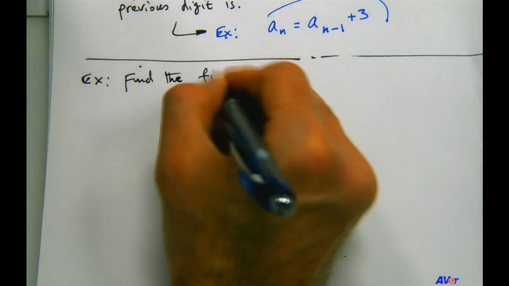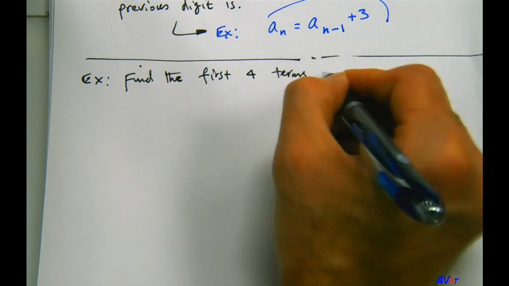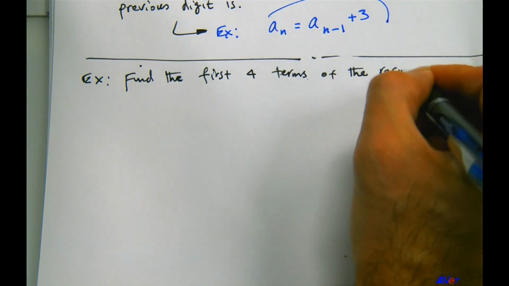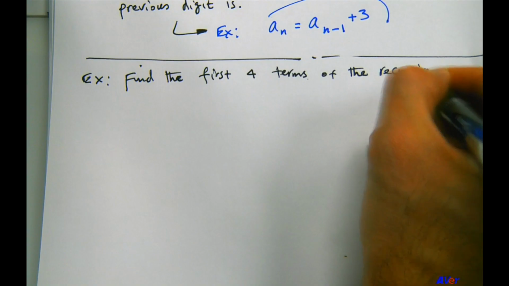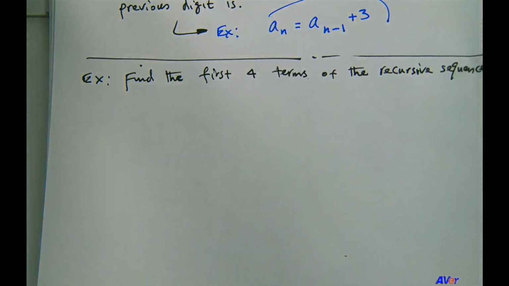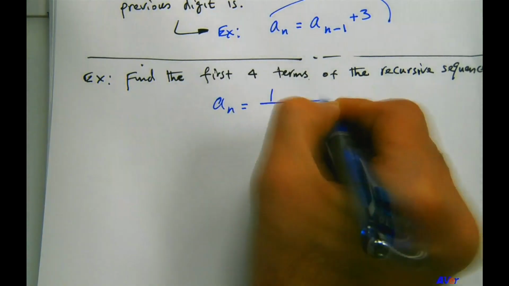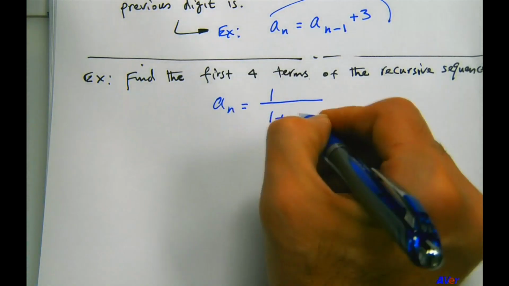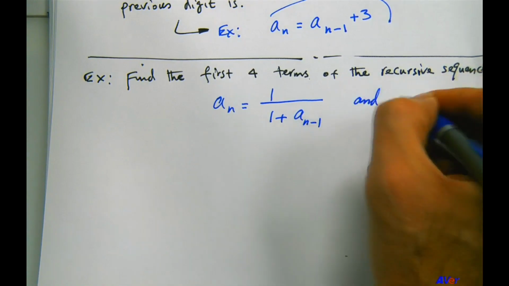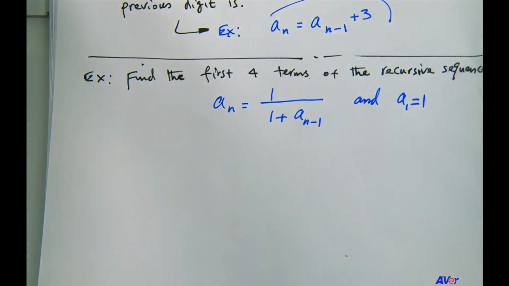So here we want to find the first four terms of the recursive sequence that we have here. It is a_n equals 1 over 1 plus a_(n-1), and a1 equals 1. Okay?